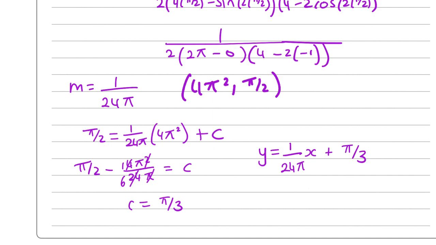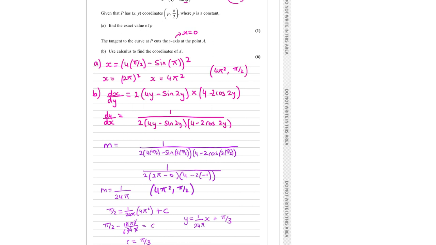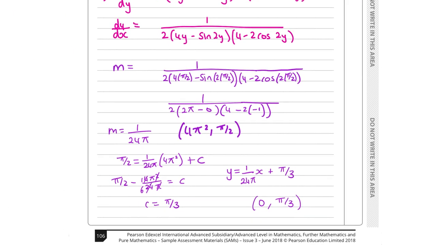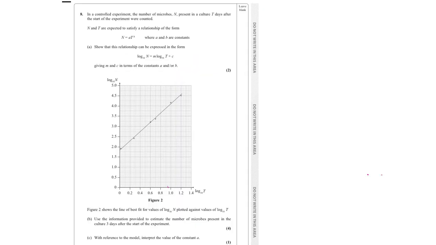And then it says, use your calculus to find the coordinates of A when x equals 0, so it's just the intercept. So the coordinates are 0, pi over 3. Brilliant. So there we have it. Nice, easy, 6 marks.